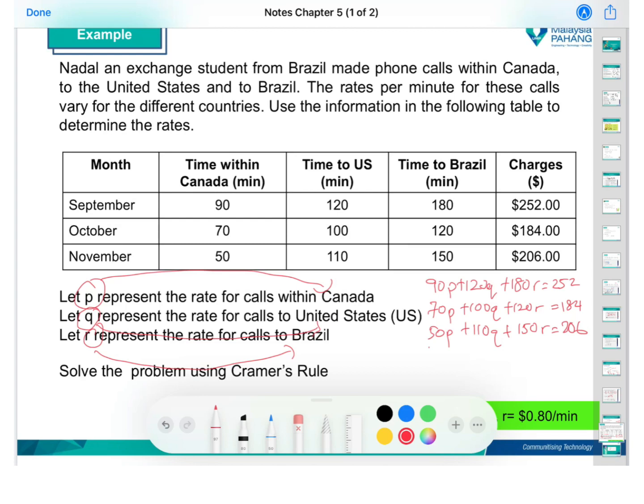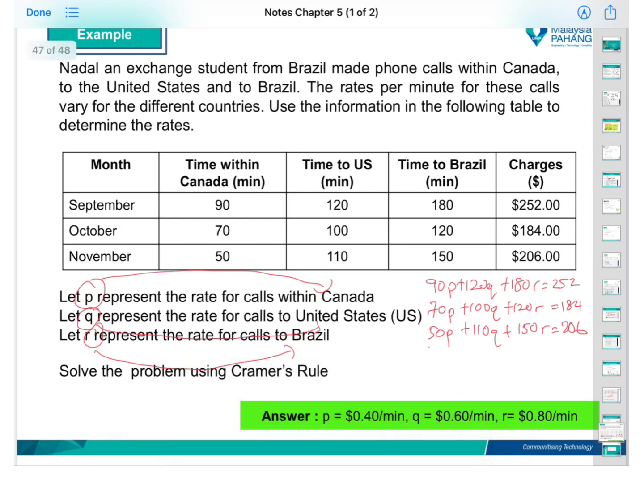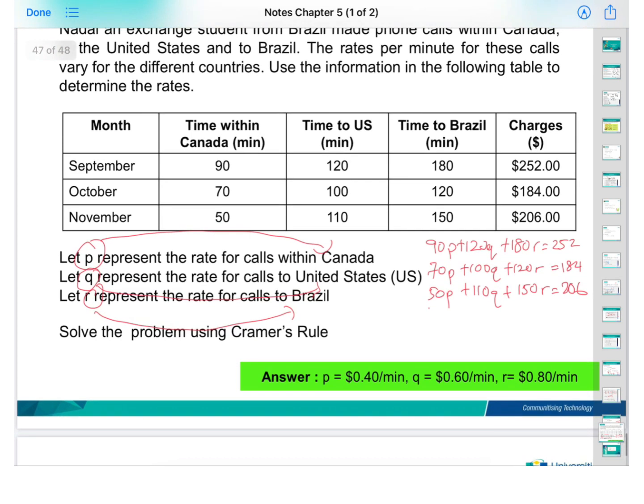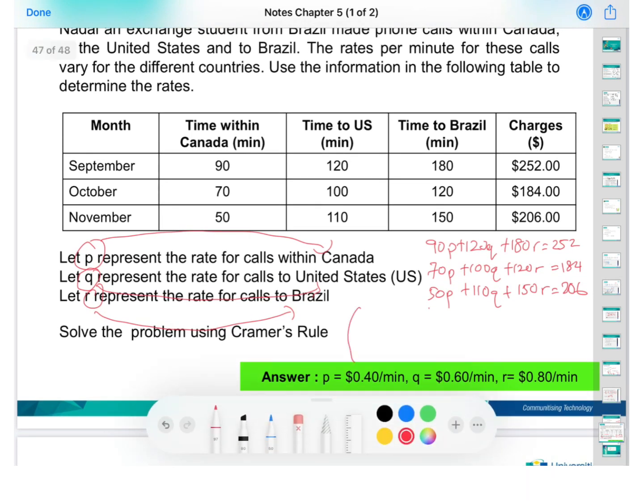So we can write this in matrix form. Again, we get 90, 120, 180, 70, 100, 220, 50, 110, 150.